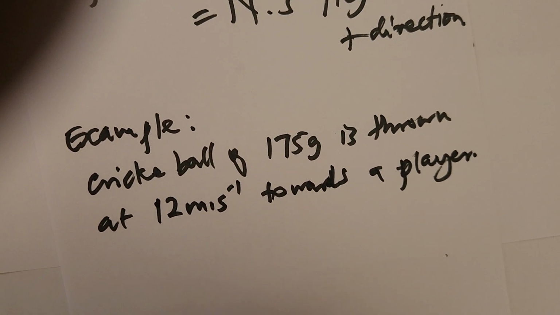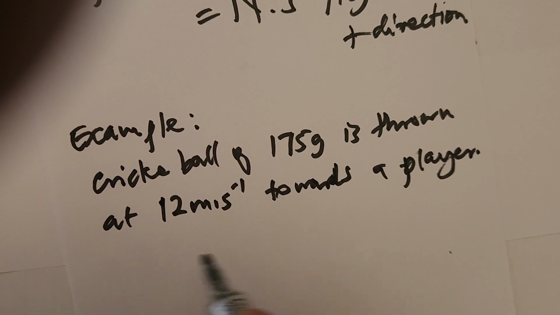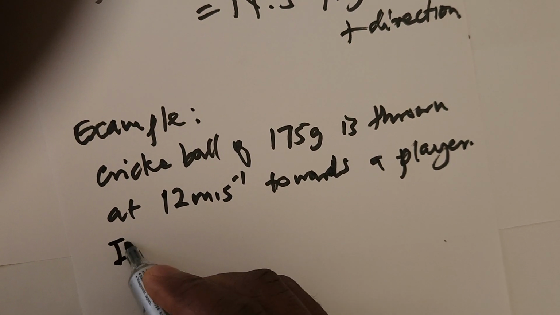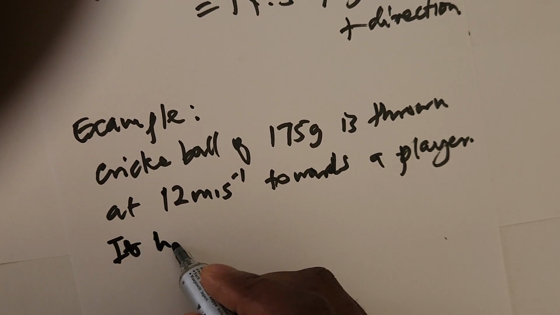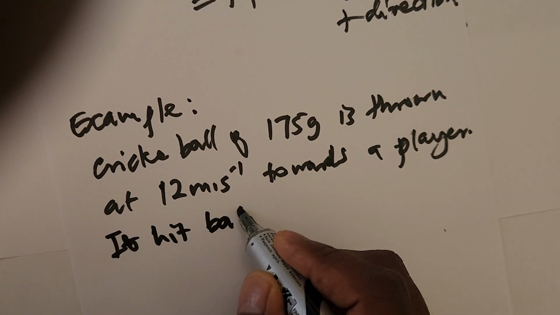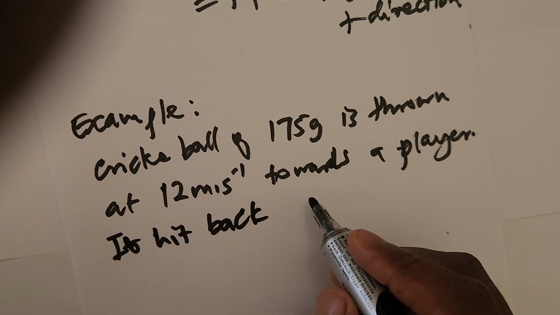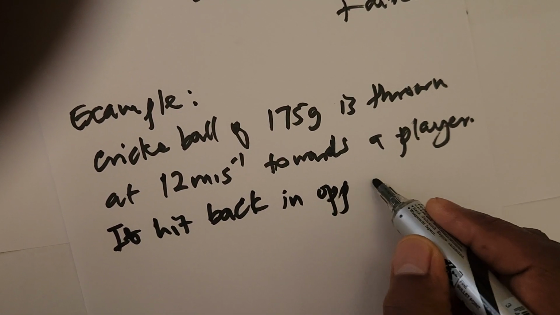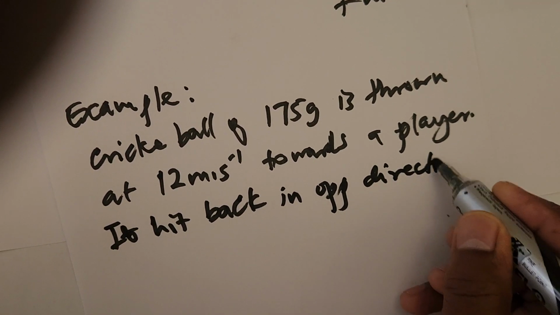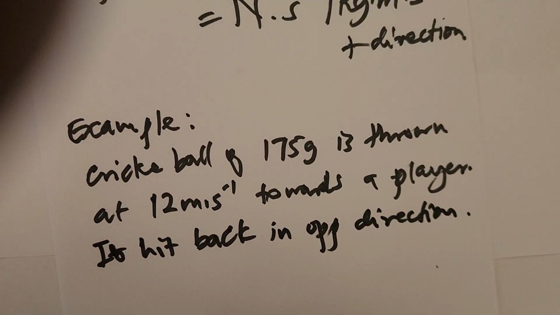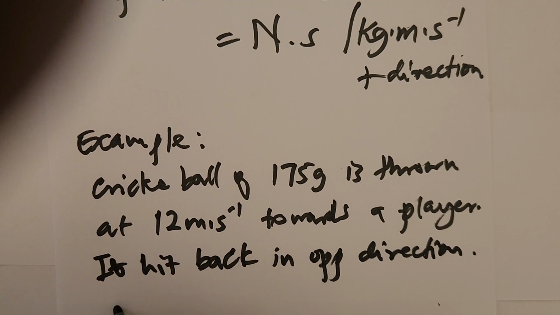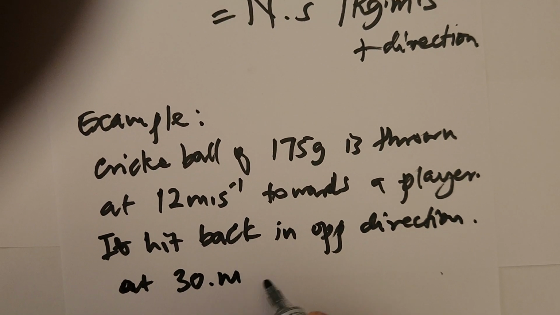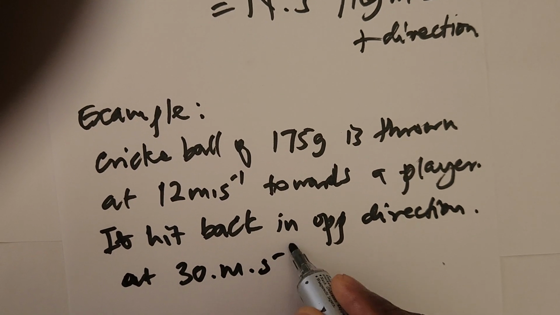It is hit back in the opposite direction, in this case at 30 meters per second from the cricket bat.